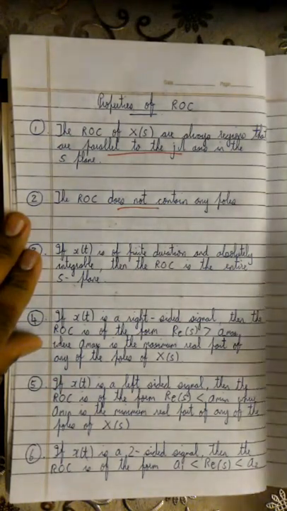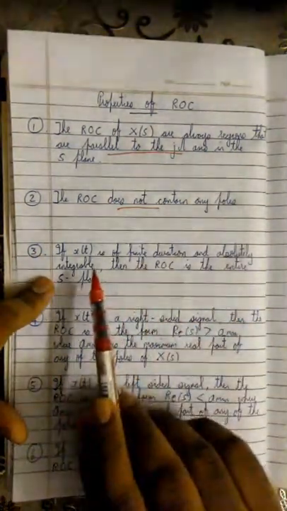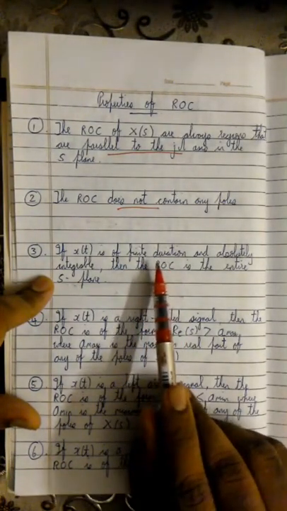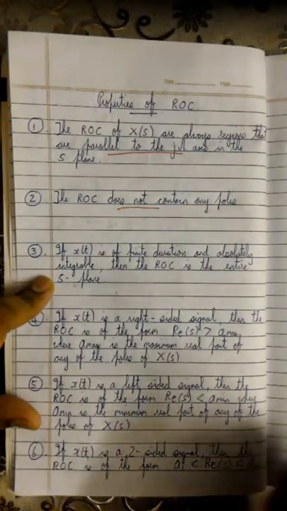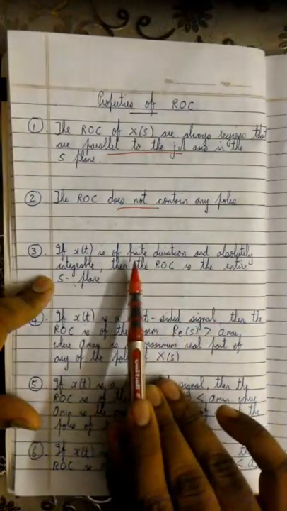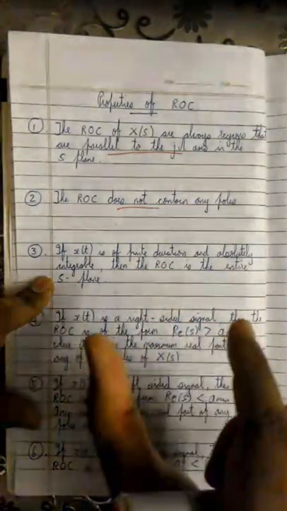Now the third property: if x(t) is of finite duration, that means x(t) is 0 when t is plus infinity and x(t) is 0 when t is minus infinity. That means it is limited to a particular time.